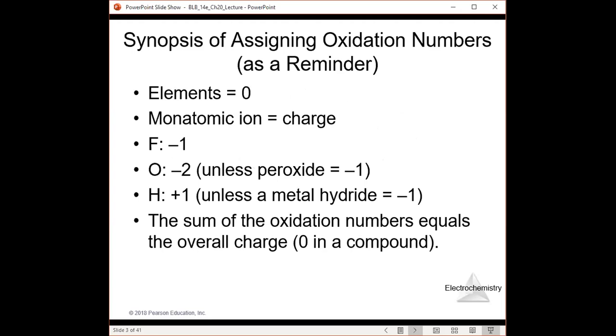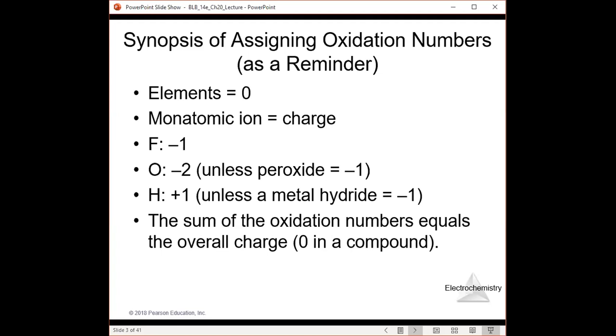one of the things that we have to look at and that we have not done that much of is assigning oxidation numbers. One of the things you guys are going to need to do is pull out your ionic charges chart.